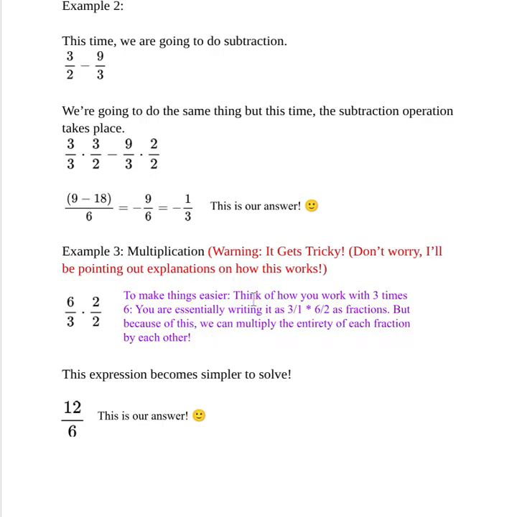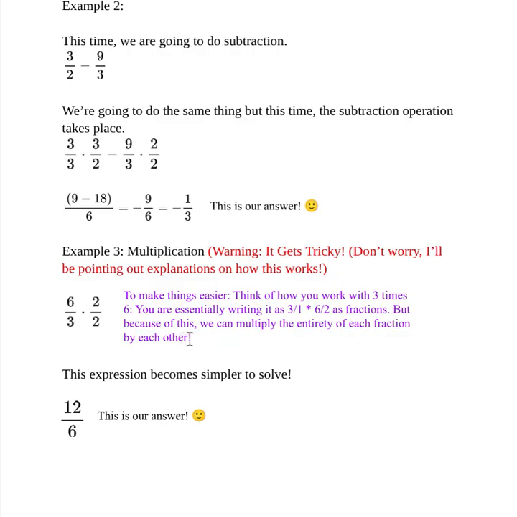You should think about how you work with 3 times 6. Essentially, you're writing it as 3 over 1 times 6 over 2 as fractions. Because of this, we can multiply the entirety of each fraction together. So we have 6 over 3 times 2 over 2, which gives us 12 over 6.